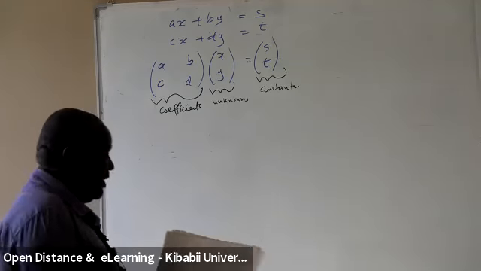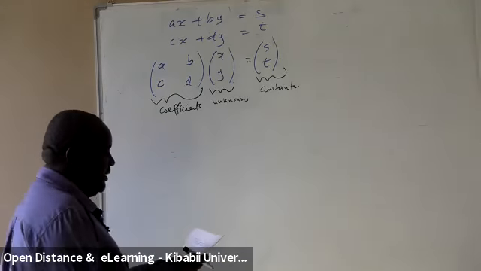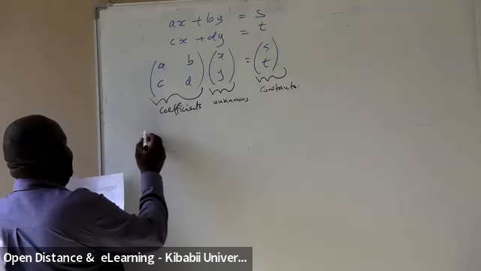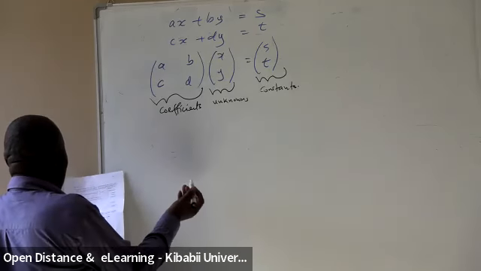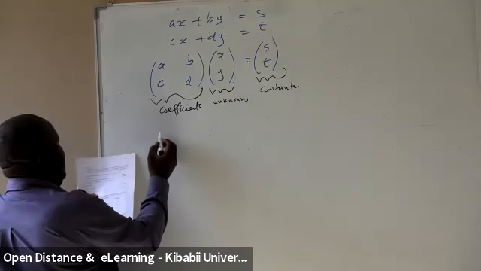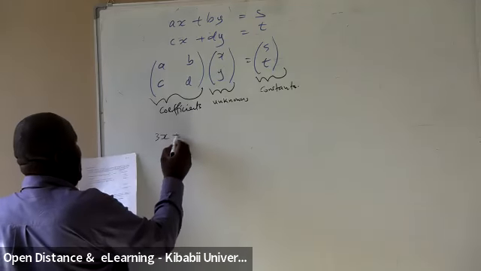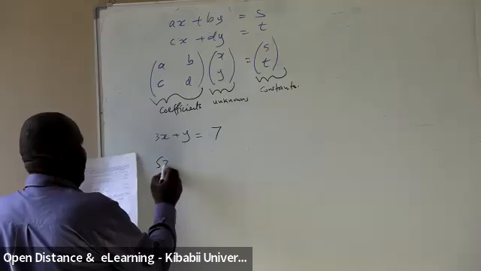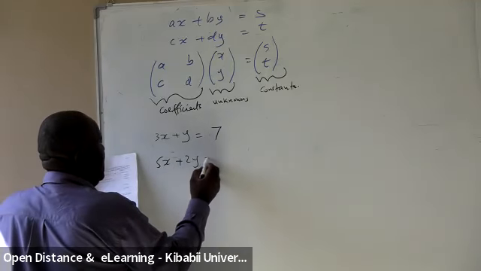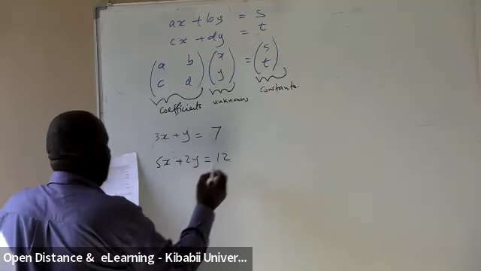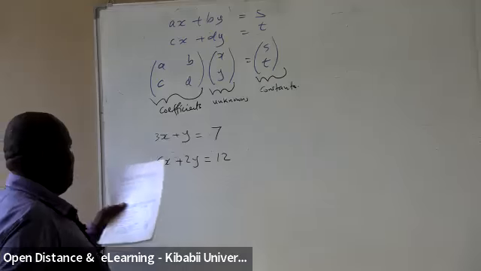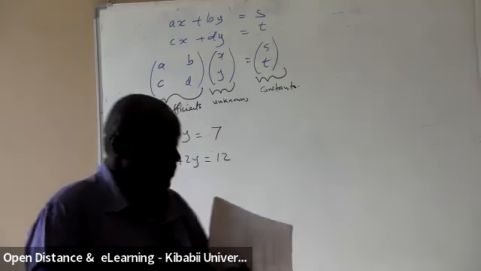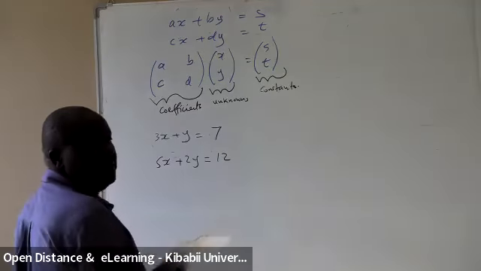So consider the example that we have. Suppose we use that to solve the equation 3x plus y is 7, 5x plus 2y is equal to 12. This is the set of matrices.